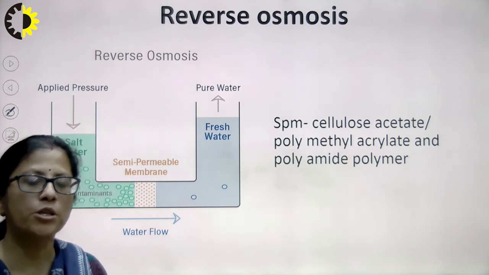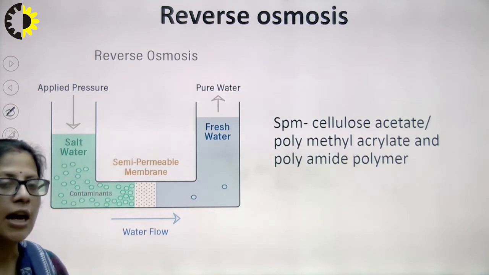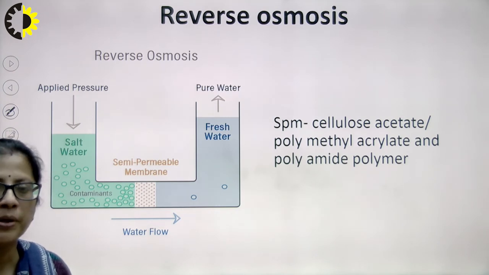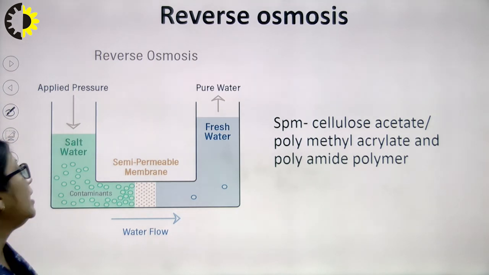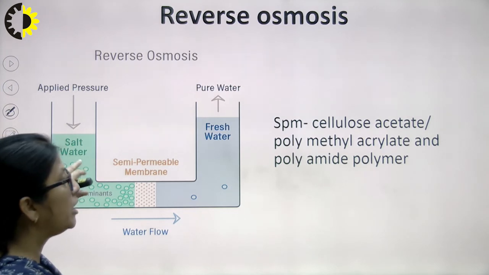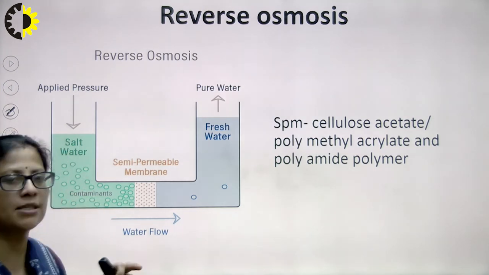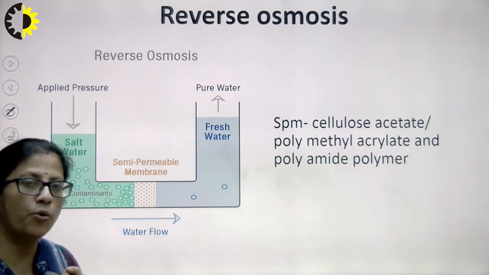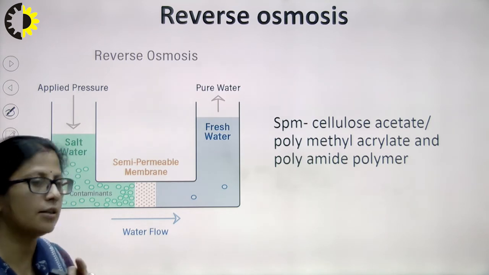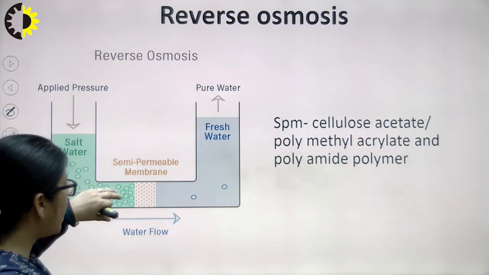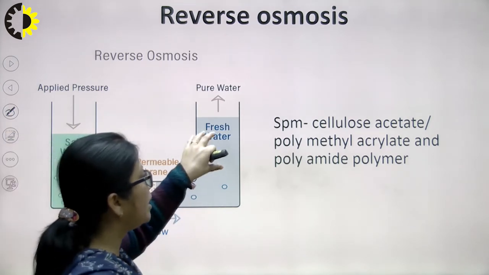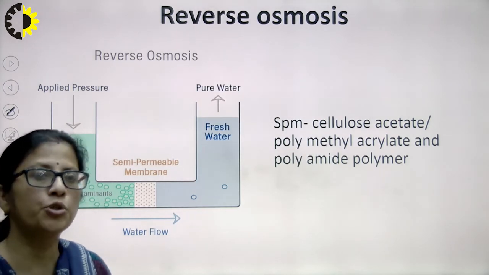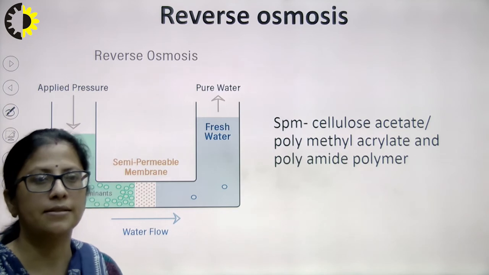So, reverse osmosis is not a natural process, therefore we have to apply pressure such that the water from the concentrated solution side, where the solution is concentrated and the solvent is low, passes to the side where the concentration of solvent is high or the solution concentration is less.